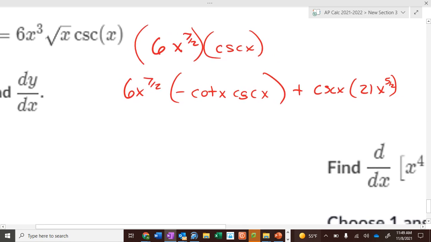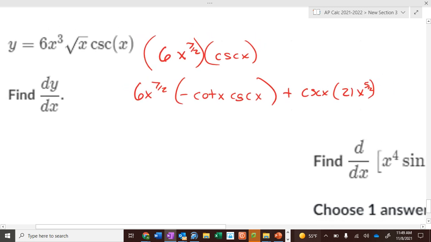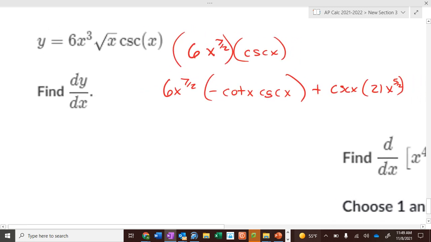Okay? Now, what are they going to do to you to melt your mind a little bit? Well, on this one, they'll factor out a cosecant and they'll factor out whatever goes into here. So they'll factor out 3x to the 5 halves cosecant of x. They factor that out of each of these.